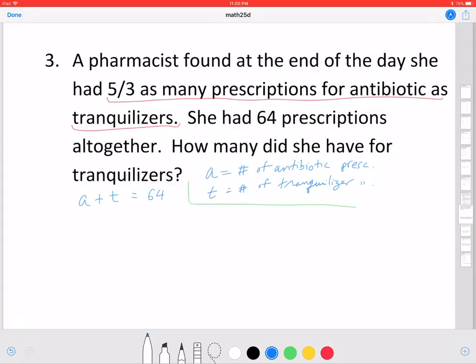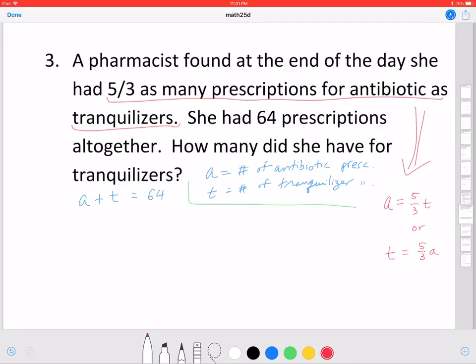That can be translated as either A is equal to 5/3 T, or some people may think it is T is equal to 5/3 A. All right, it's one of these two.